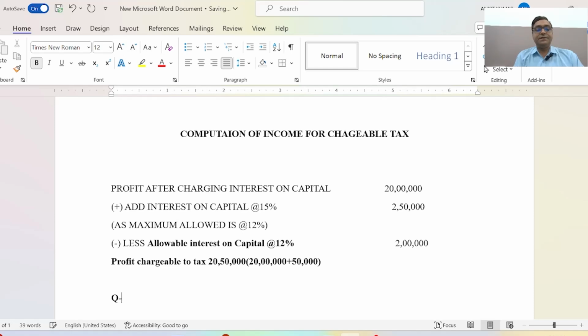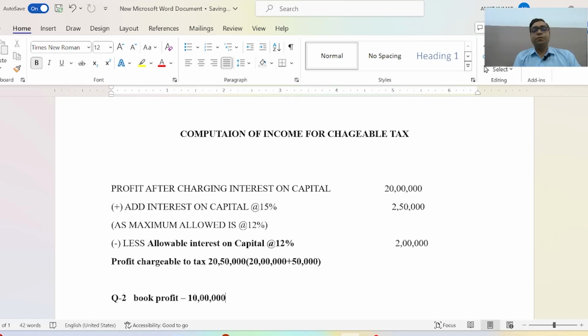The book profit of a partnership firm is equal to 10 lakh rupees.